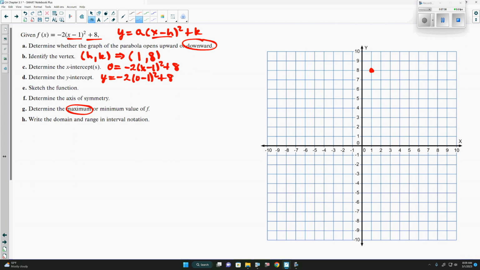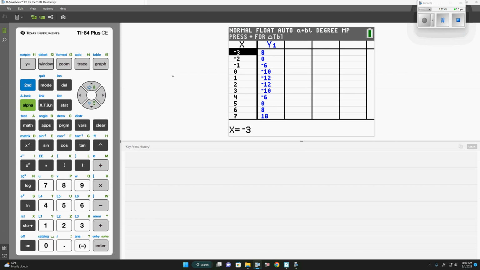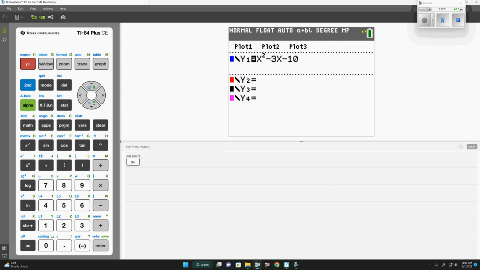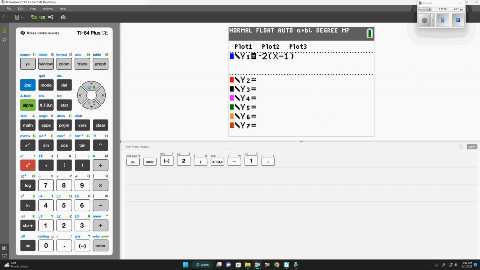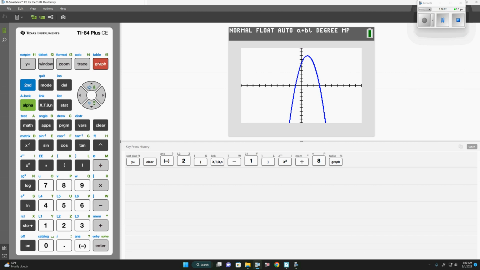Luckily for us, and luckily for y'all, the graphing calculator will do this. So what we can say is y equals, we can clear that out, negative 2 parentheses x minus 1 squared plus 8. This is our function, yes?